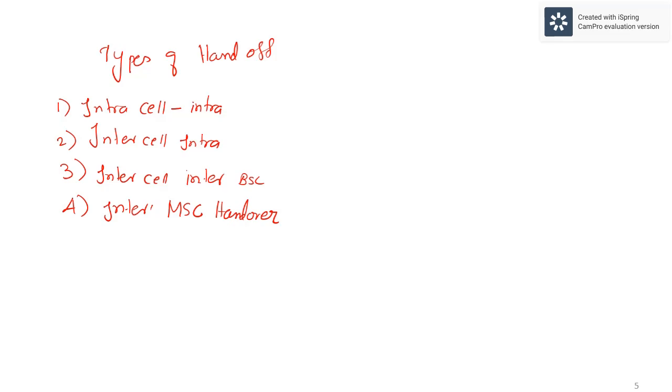And if the base station switching center is also coming into the picture for handover, then it is called inter-cell inter-BSC. And if a mobile switching center is coming into the picture, then it is called inter-MSC handover. So these techniques are important to understand how the handoff is taking place.